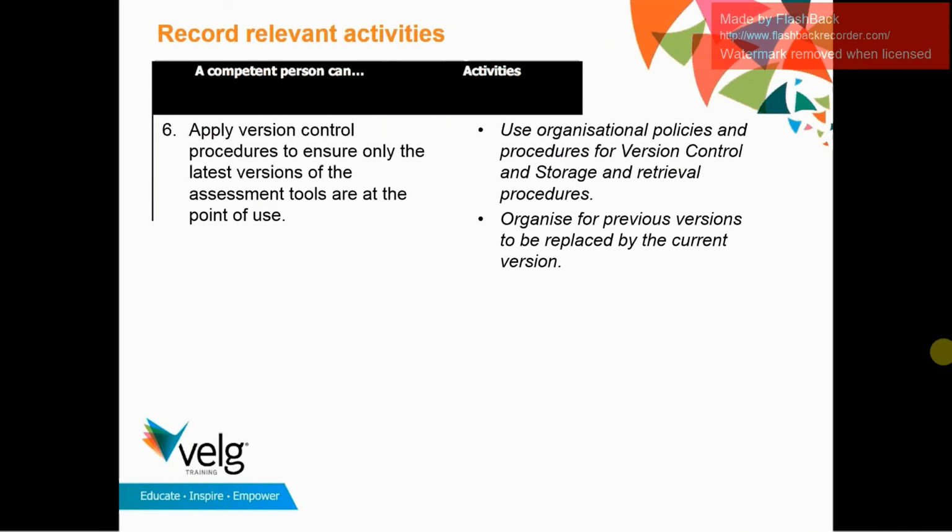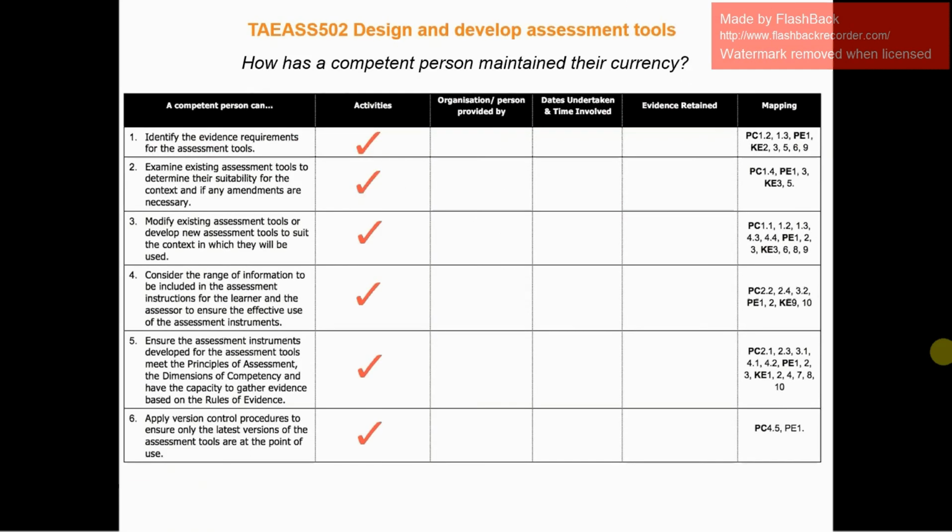And that's why I'm pleased with the sorts of information you're putting through. Use your organizational policies, make sure we retrieve the old ones and replace them with the new ones, either electronically or in hard copy. And then we've got them ticked off.